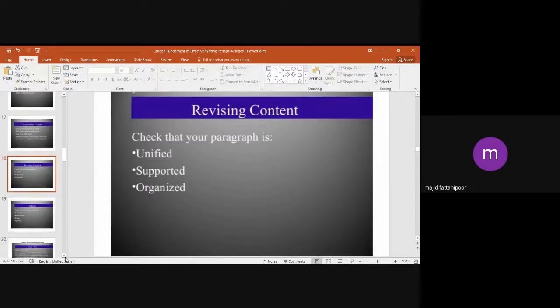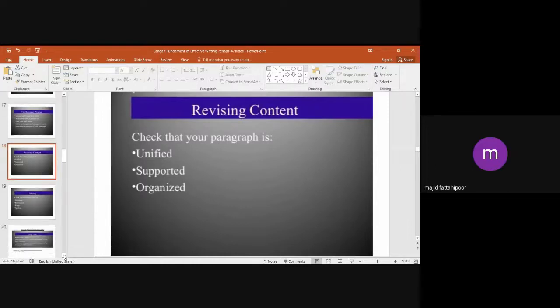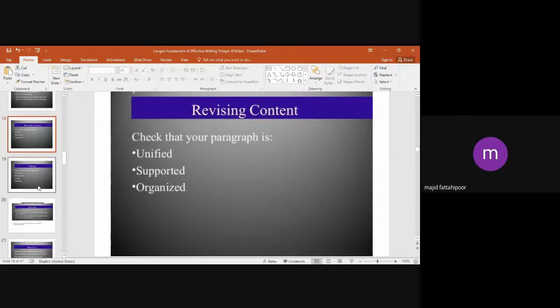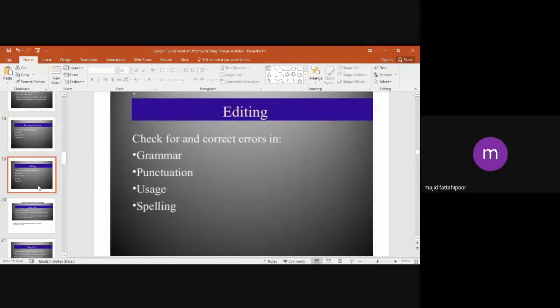The paragraph flows from one point to another, and the points are organized and come naturally after one another. They are not haphazard, they are not accidental. So these are things about revising content.